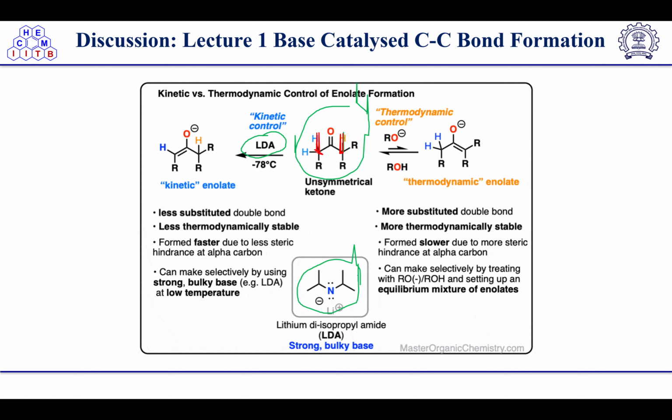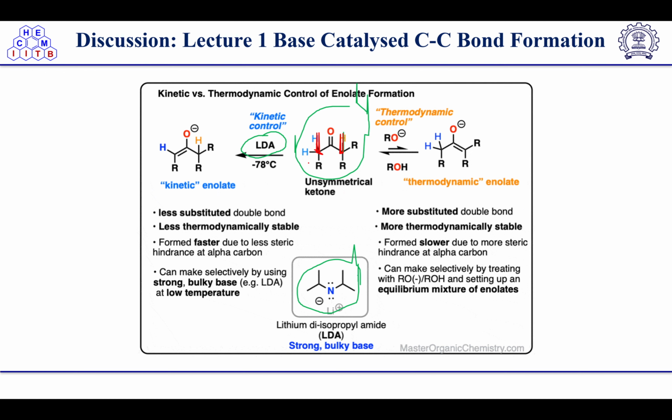Because the tertiary carbon is more substituted, it is a more hindered center. But on the other side there is less substitution and less hindrance, so the bulky base will prefer that side. Always, the bulkier base prefers the less substituted side, and it will abstract the proton there.